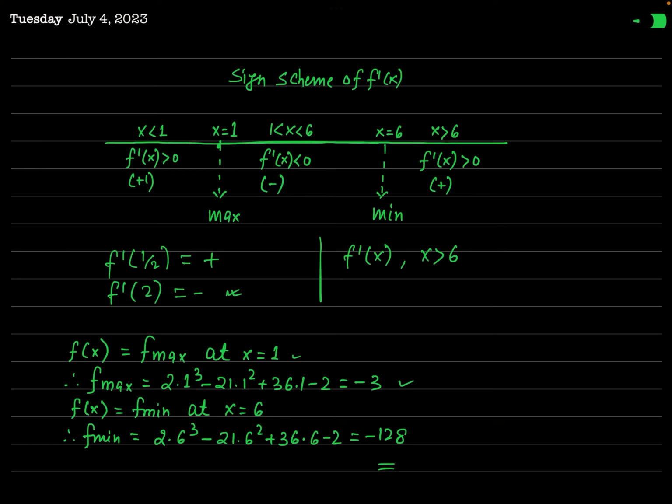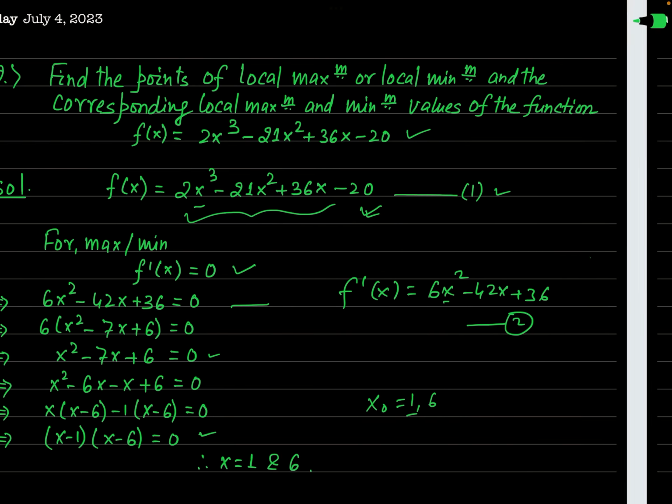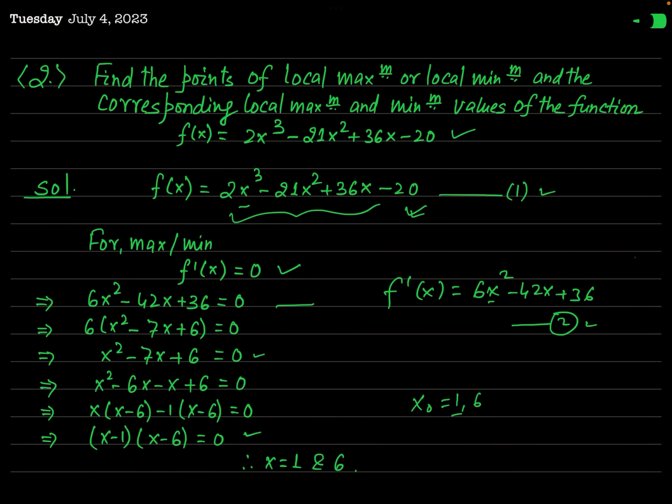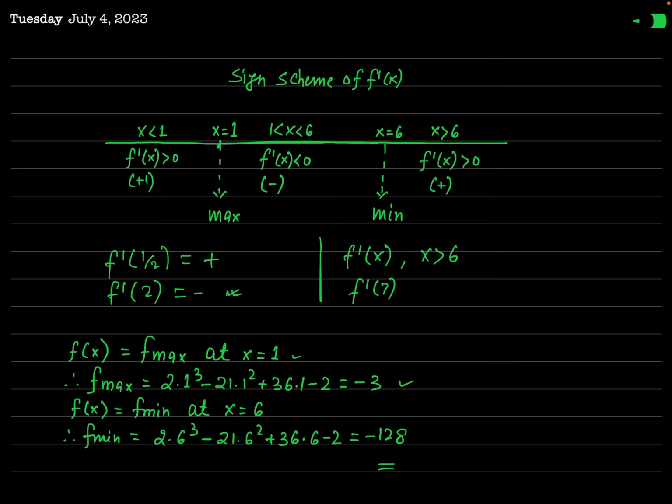Now when you will substitute x greater than 6, for example, let us put x equal to 7 in this expression, equation 2. I am again not doing the algebra. You can do it. When you will put x equal to 7, you will get that this f dash 7 is positive. You will get positive value.